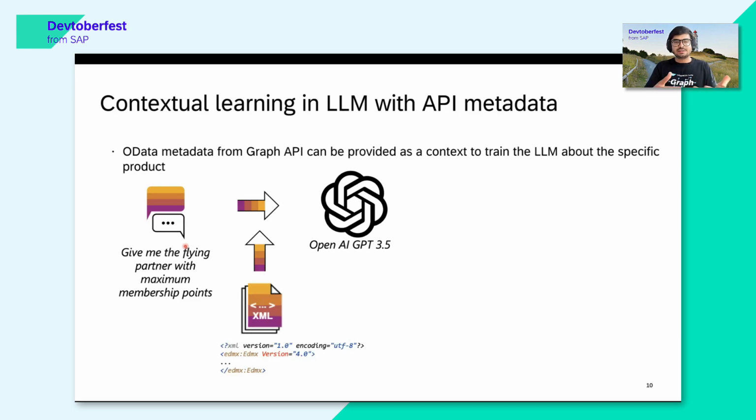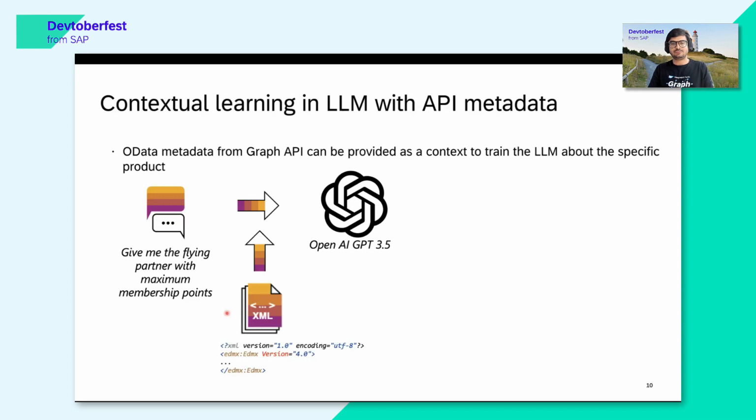So in this case, we send the EDMX metadata for the newly created entity, that it contains ID, then it contains the name, it contains the address, the location, the city name, and at the end, the frequent flyer points. So we tell that, okay, this is our API and this is what it contains.